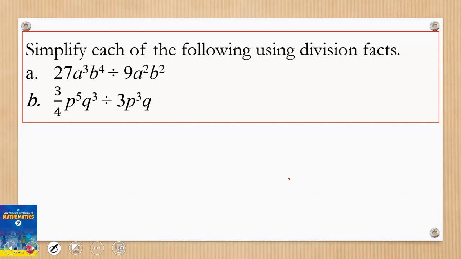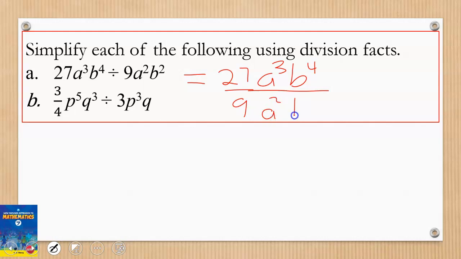Now let's take examples. Simplify each of the following using division facts. The first one we can write as 27 a cubed b exponent 4 divided by 9 a squared b squared. With our division, 9 can divide 27 as 3.